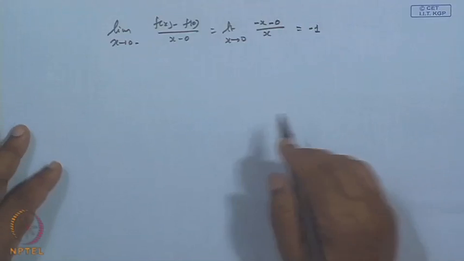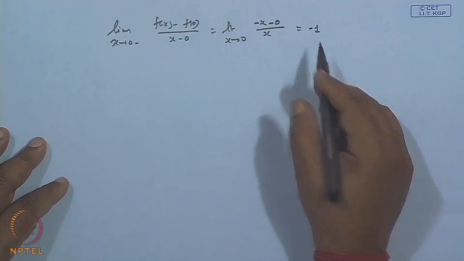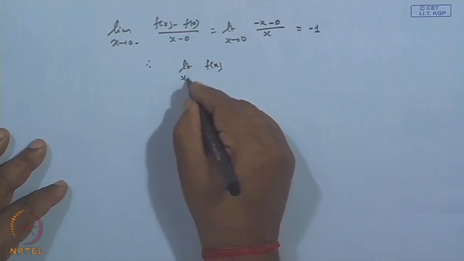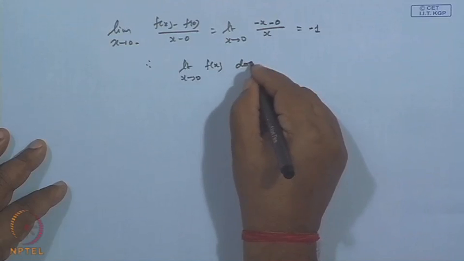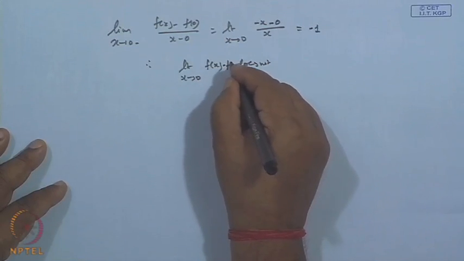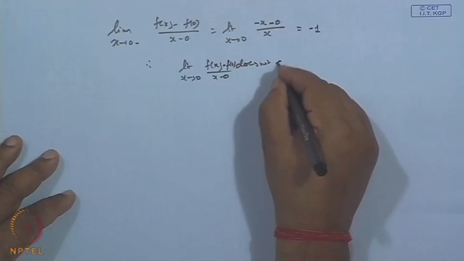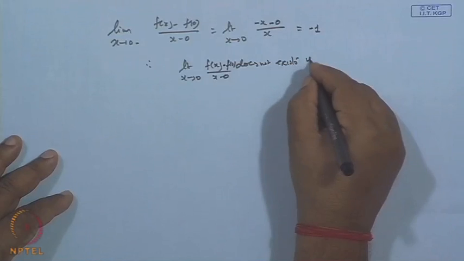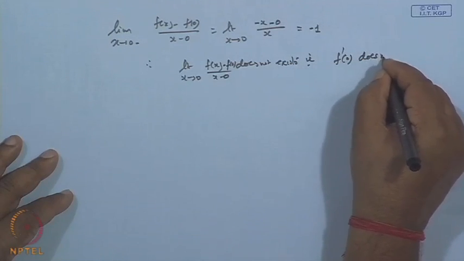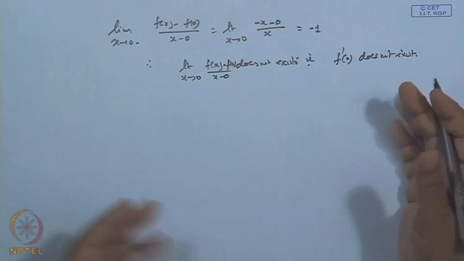So the right hand limit comes out to be +1, and the left hand limit comes out to be -1. Therefore, the limit of (f(x) - f(0)) / (x - 0) as x tends to 0 does not exist. That is, the derivative of the function at the point 0 does not exist. So the function is not differentiable.